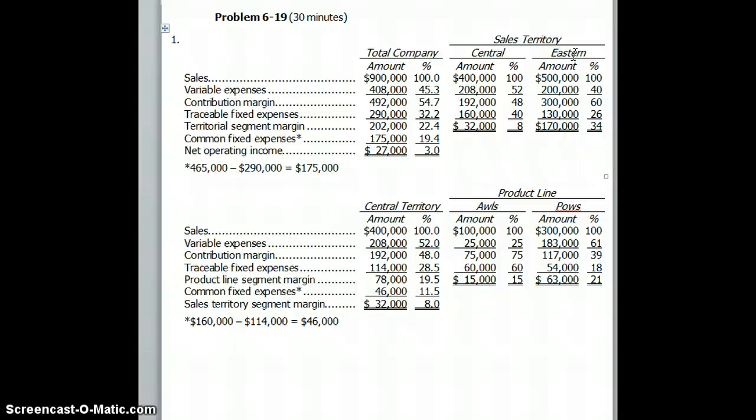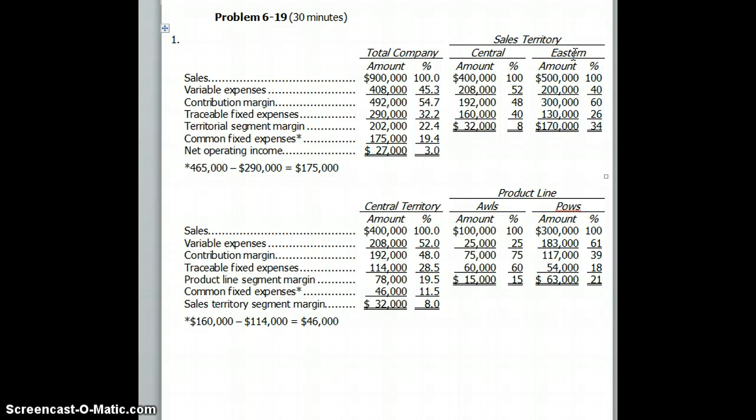PALS, on the other hand, have revenue of $300,000. They have variable cost of $183,000, found by taking $300,000 multiplied by 61%. When you subtract the sales revenue less the variable cost, you have contribution margin of $117,000. Subtracting from that the traceable fixed cost of $54,000, you're left with product line segment margin of $63,000.